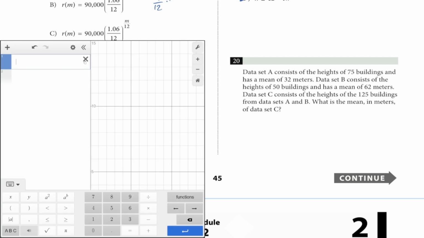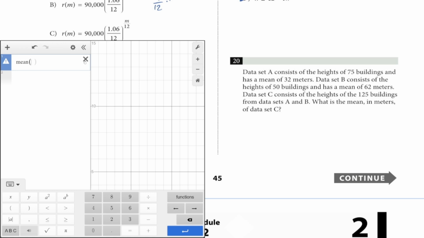So for Desmos, to do mean, we're just going to type the word mean. And then we're just going to type all those numbers. Now, with data set A, I have 75 buildings and they have a mean of 32. So a way to think about that is we could just pretend that every single building in data set A was 32. Because if I were to type out 32 75 times, so each building, I would get a mean of 32.